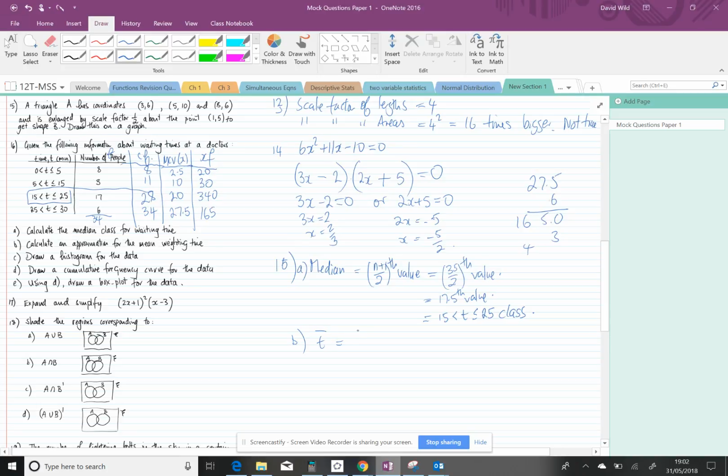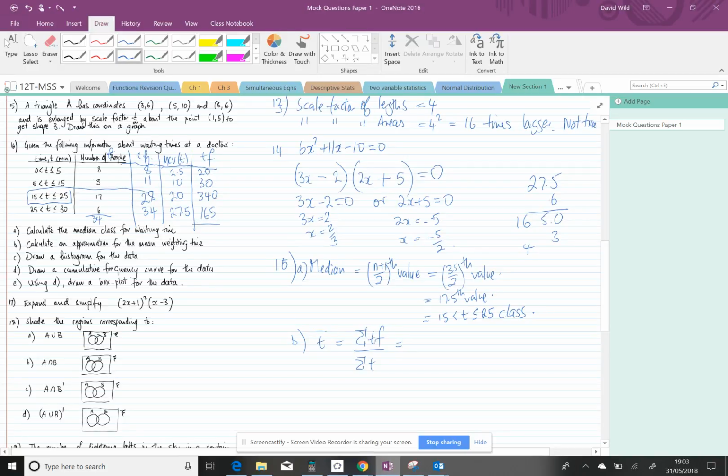So the average now is the sum of the xf, well, it's not xf, these should be t's, aren't they? Not x. The sum of tf divided by the sum of f. So we need to add these all together.